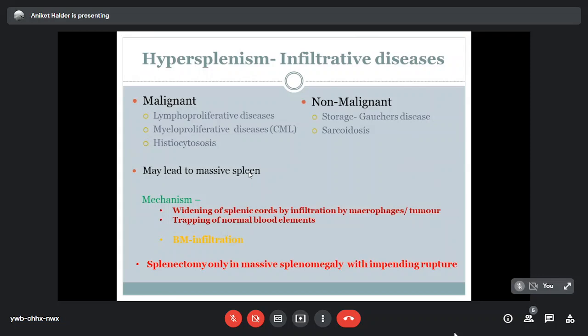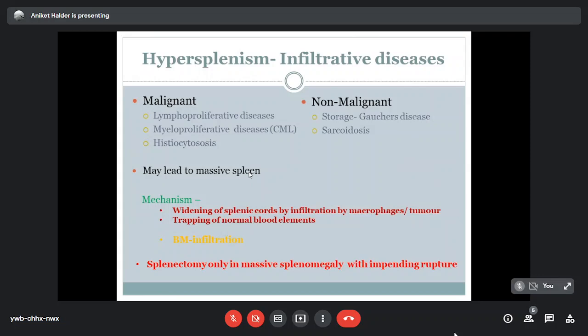For example, the infiltration of storage cells into the bone marrow, or in different lymphomas or myeloproliferative disorders, there is bone marrow infiltration, and the infiltration of storage cells can ultimately decrease erythropoiesis and hematopoiesis and cause cytopenias.